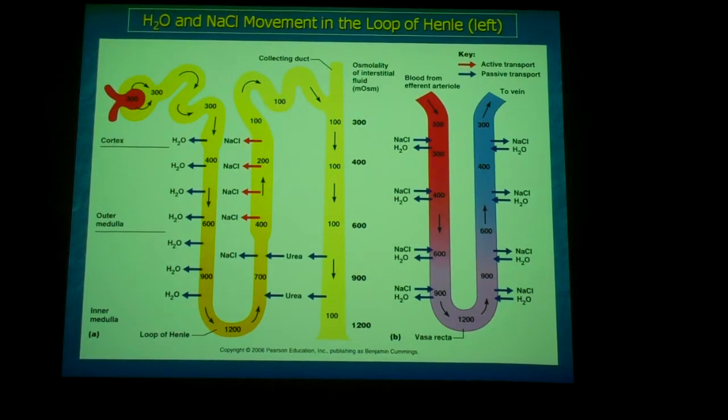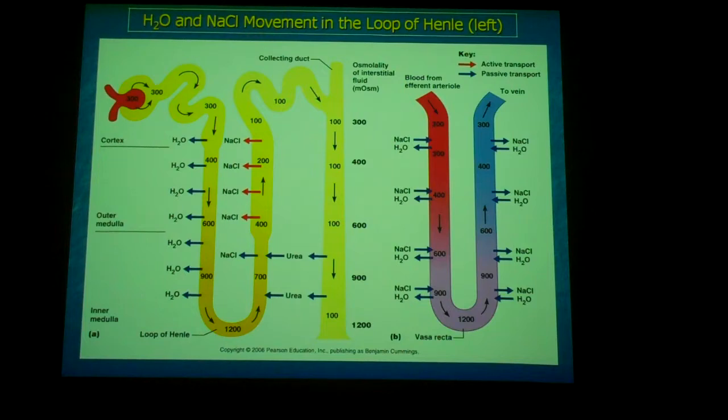All right, so as we start down the proximal tubule, the osmolality or solute concentration of tubular fluid basically matches blood, doesn't it? But as we go down now, we are reabsorbing water out of the descending limb.